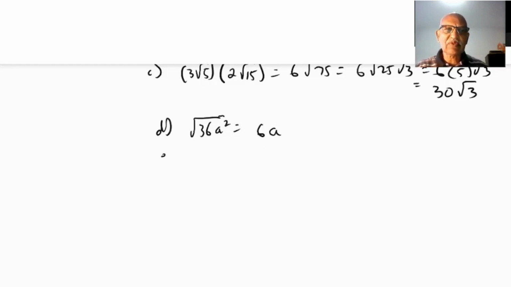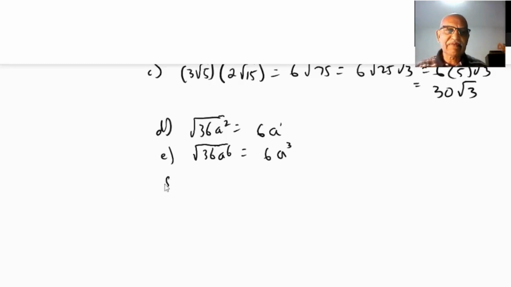So if it was square root of 36, a to the power 6, square root of 36 is 6. Square root of a to the power 6 is a to the power of 3, half of 6. Half of 2 is 1. Half of 6 is 3.